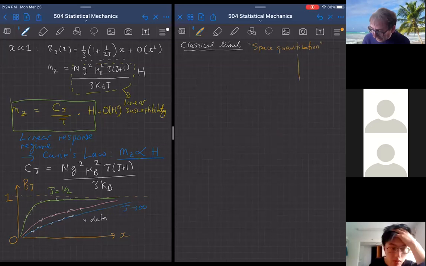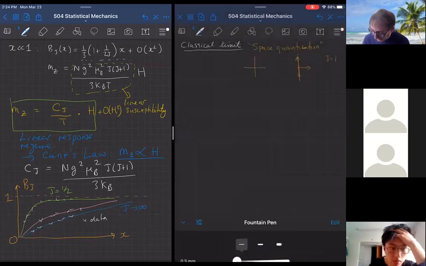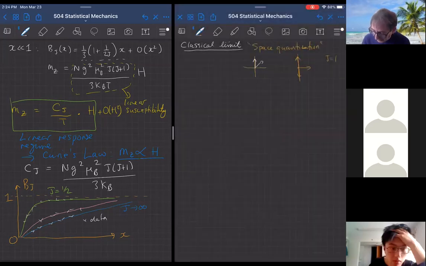So basically, you have a state that is up, then a state that is like this, and then a state like that. So that would be J equals 1. And then if you had J equal to some higher number, you would get something like this, and so on and so forth.